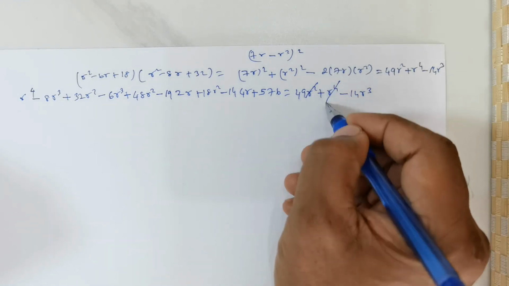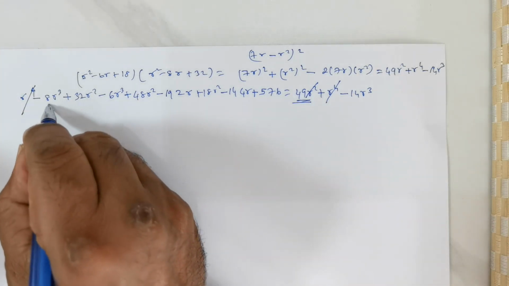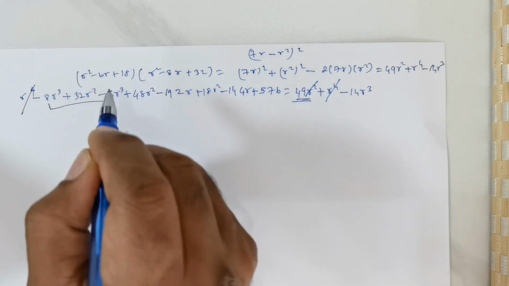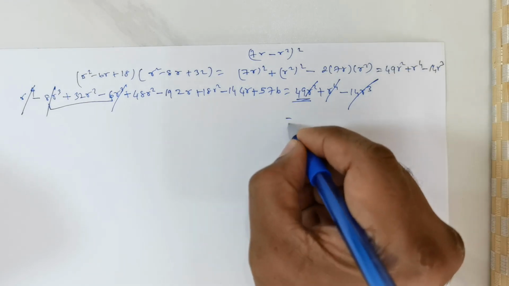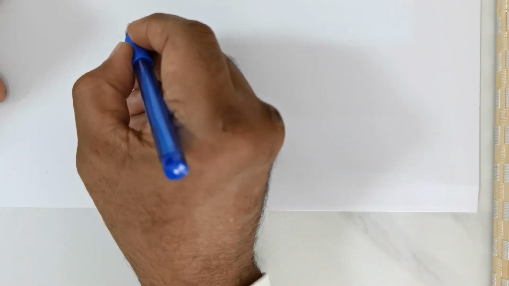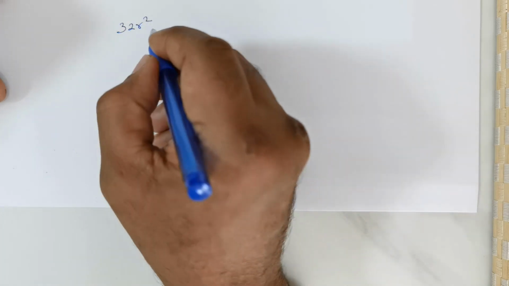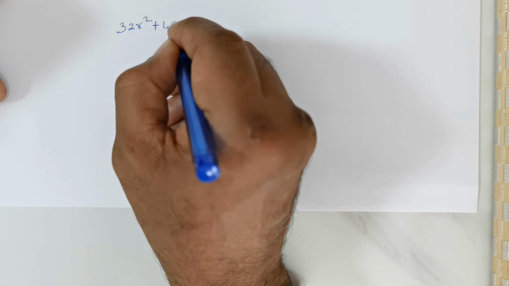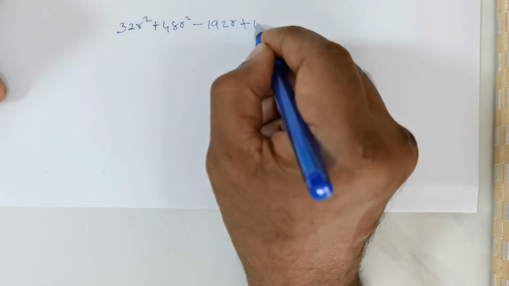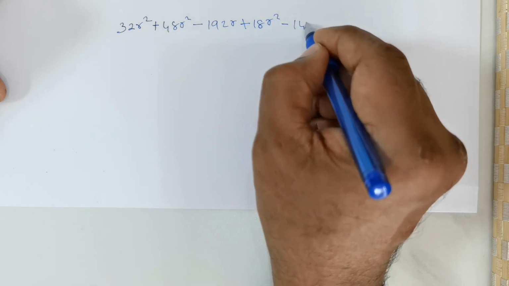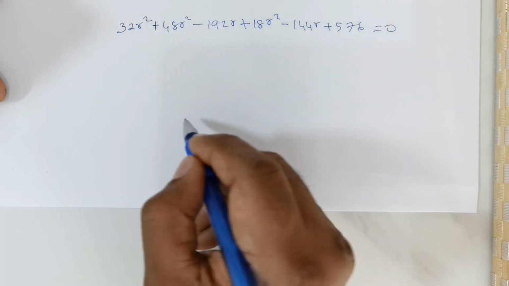Now I can't do anything with this, but I can get rid of this. Now negative 8r cubed added with negative 6r cubed is negative 14r cubed. That can be cancelled. So now after the cancellation we are left with the following terms: 32r squared positive 48r squared negative 192r positive 18r squared positive 144r positive 576 is equal to 0.